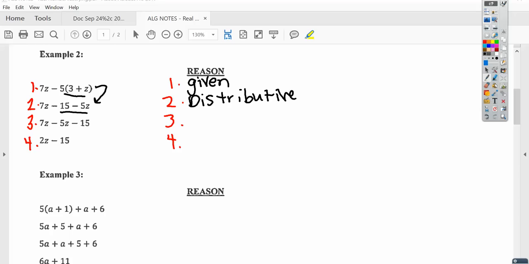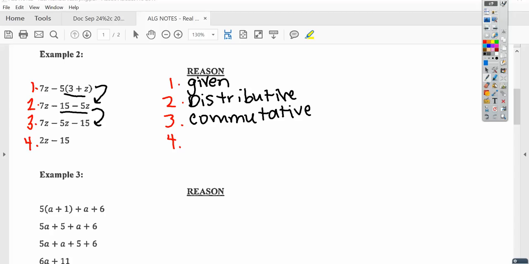And if I look at step 2, how does it change going to step 3? Well, 5z and 15 swap places, so that's the commutative property. It's commutative either of addition or multiplication. Those are your options.